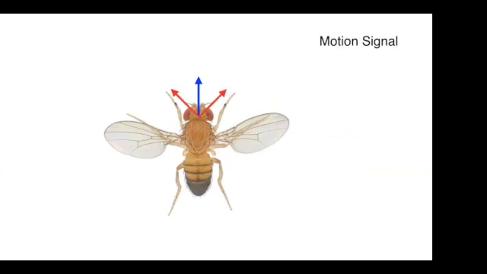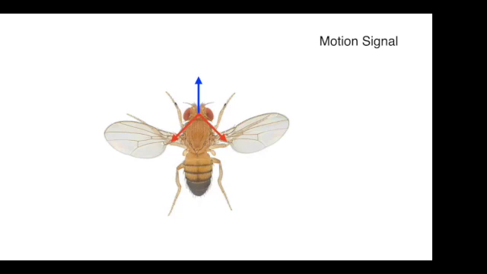Okay, so I told you a little about how this calculation has to go. There's a motion signal that has to come in and be computed to determine drift. That motion signal comes from the eyes, but it actually comes in an inverted way, so there's an inhibitory pathway.